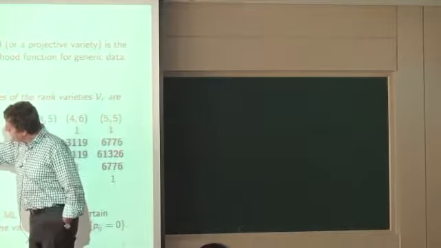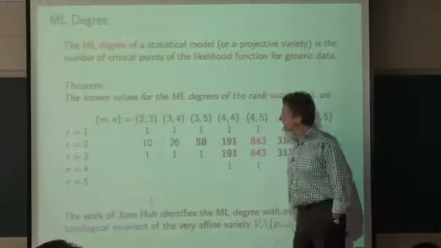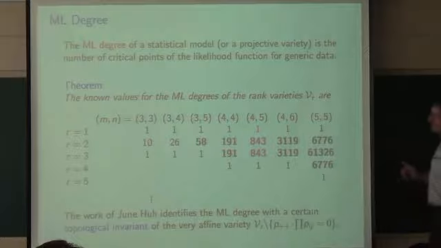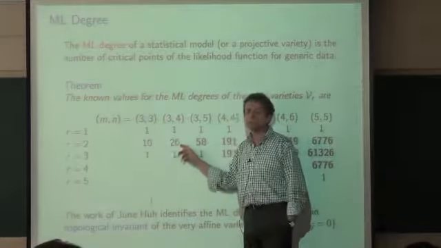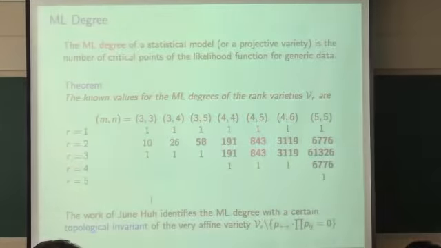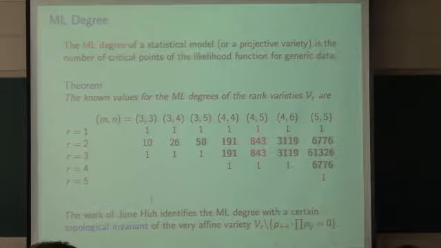Now this was the soccer example. In the soccer example, we had algebraic degree 10, for 3 by 4 of rank 2 we have 26, and so on. Until recently, these were the only numbers we were able to compute. The reason for this is that symbolic computation to solve these equations is quite hard. If a young person were to enter this field, they might get frustrated very soon using Macaulay 2.